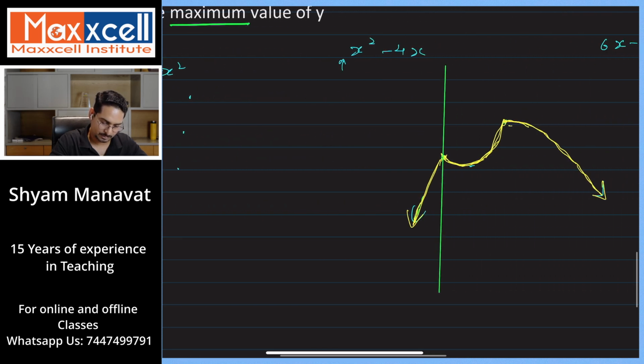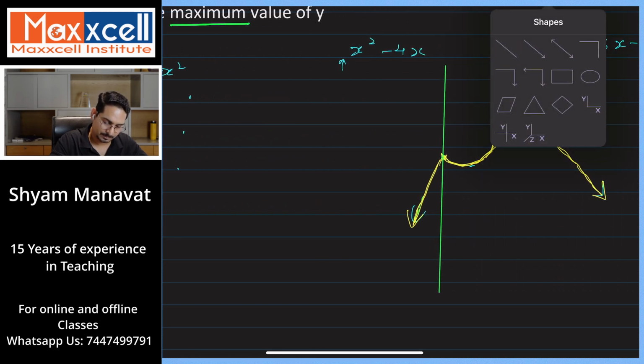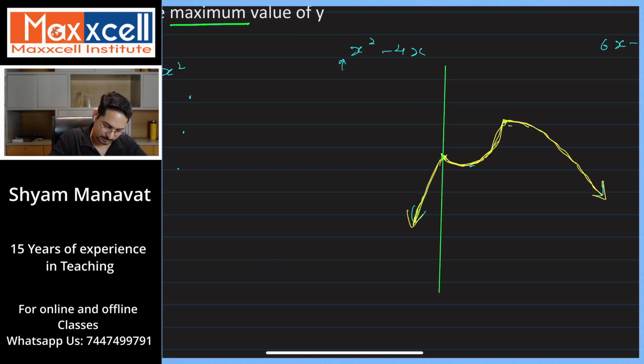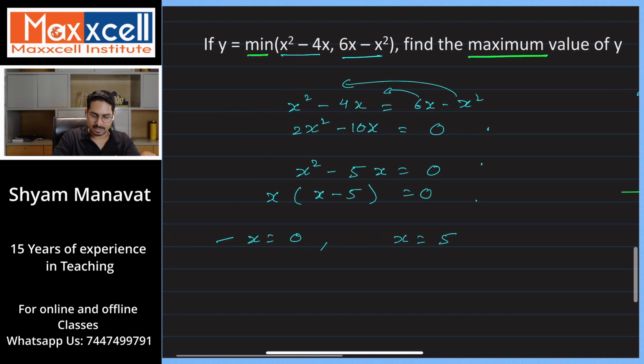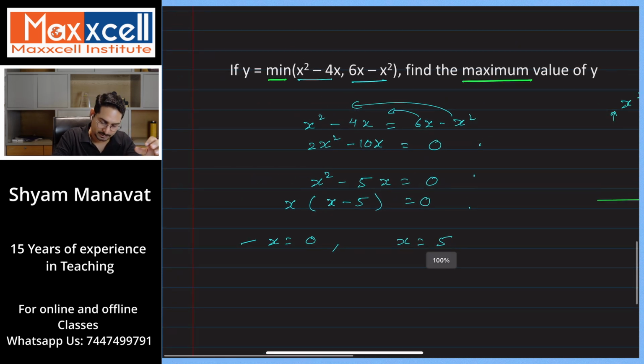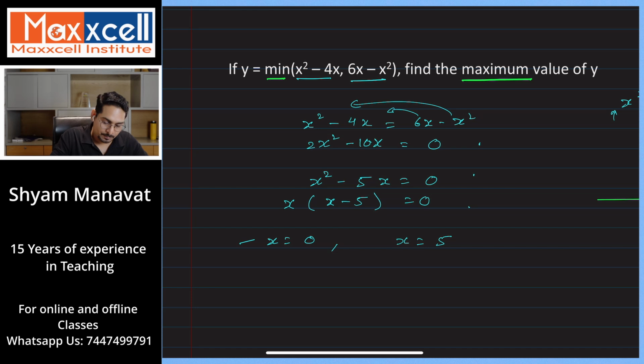For 0, 0, so it should be like this. Y and X. Yeah, this is just to show you in case if you want to understand the graph, but we don't have to get into the graph to solve this question. It's not necessary. So far, so good.